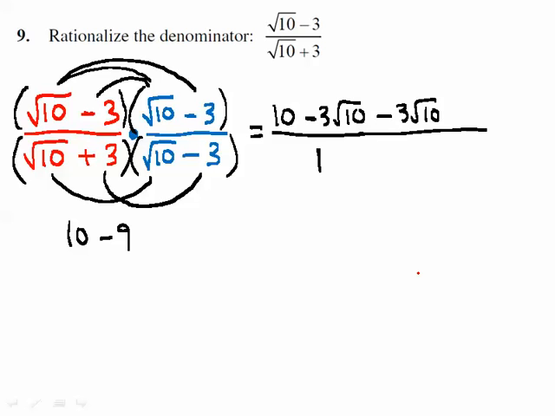And last, negative 3 times negative 3 is positive 9. Since the 1 is in my denominator, there's no denominator whatsoever now. Putting it together, 10 and 9 make 19, and both have radical 10, so it would be negative 6 radical 10.